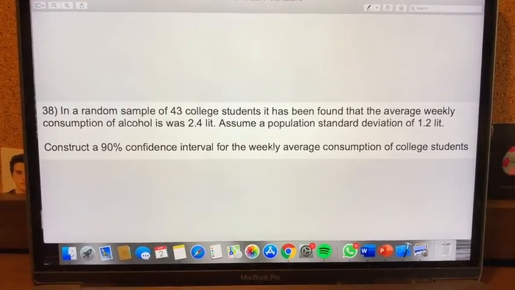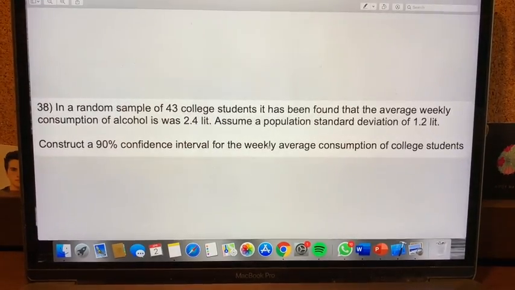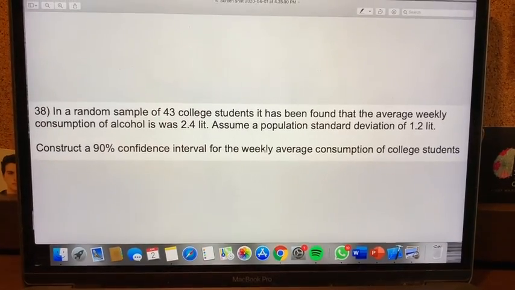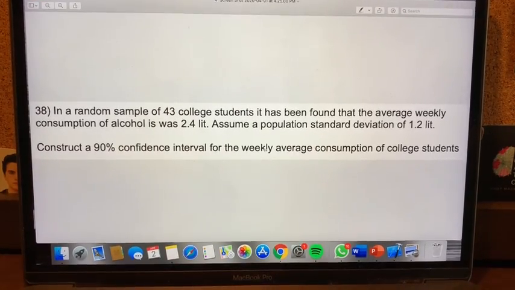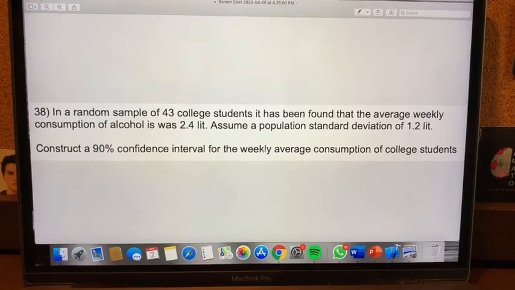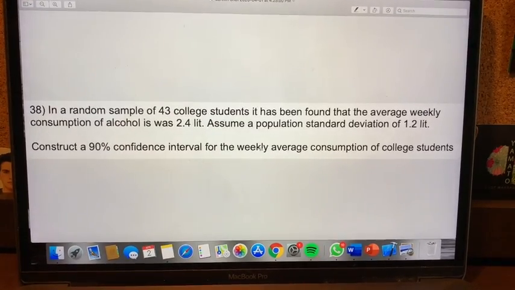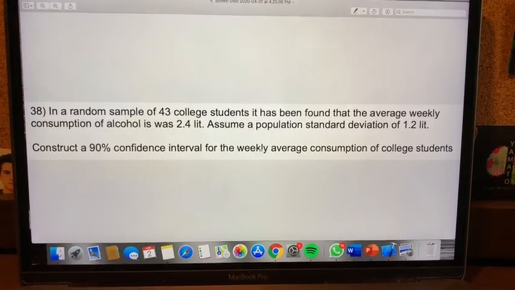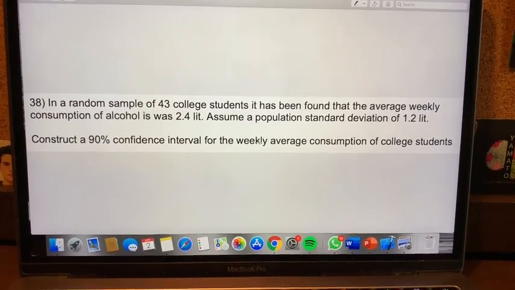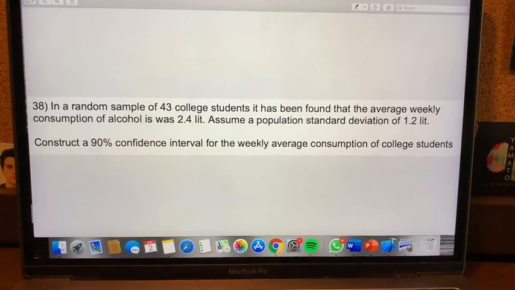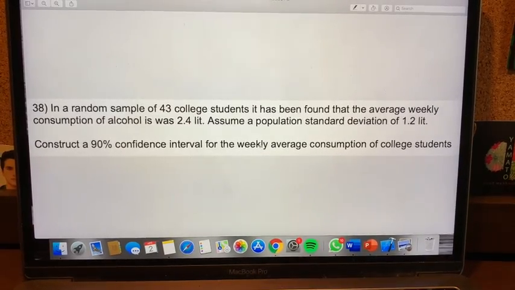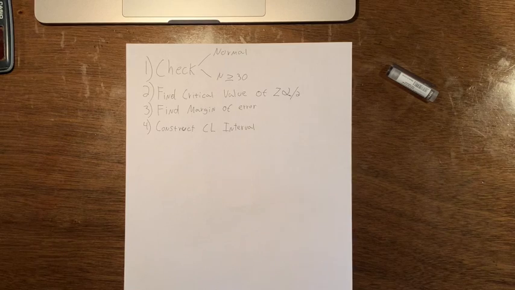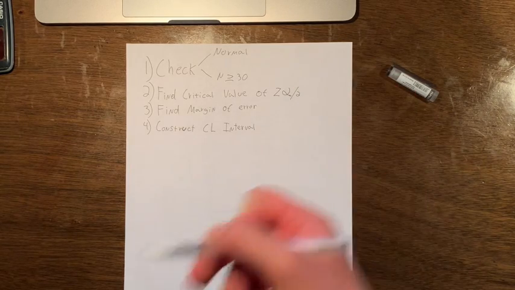Let's see an example. The example reads: in a random sample of 48 students, it has been found that the average weekly consumption of alcohol was 2.4 liters. Assume a population standard deviation of 1.2 liters, and construct a 90% confidence interval for the weekly average consumption of college students. After reading the problem, we have to check for these 4 rules.